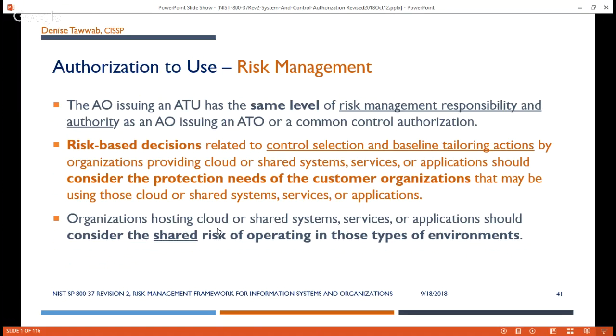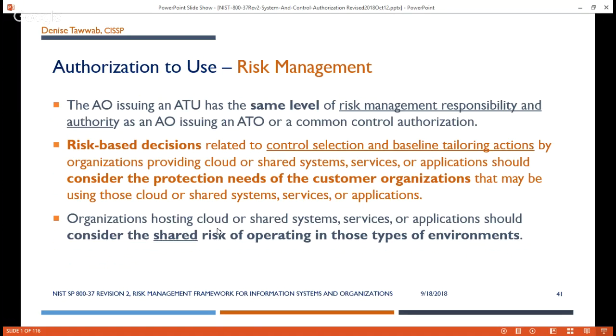So even though you're just doing an authorization to use and you didn't create the authorization package at the cloud provider organization, you still are responsible for risk management. Risk-based decisions related to control selection and baseline tailoring actions by organizations providing cloud or shared systems should consider the protection needs of the customer organizations that may be using those cloud or shared systems.